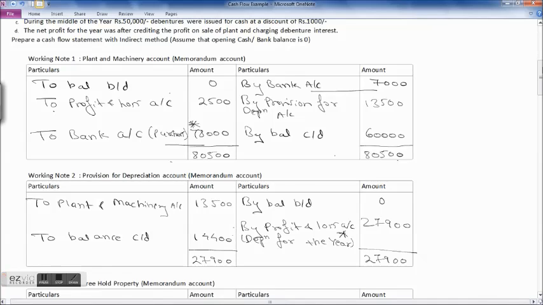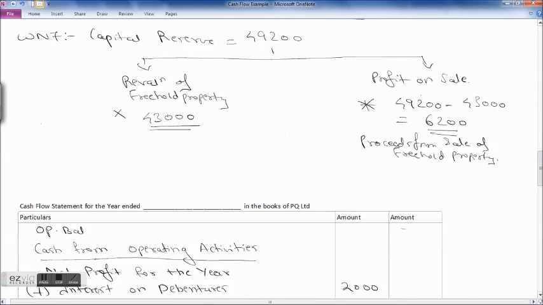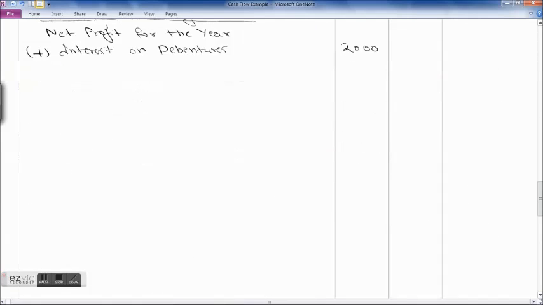Since this is not an operational profit, we have to reduce it from your profit in your cash flow from operations. So less non-operating profit, that is profit on sale of plant, 2,500.